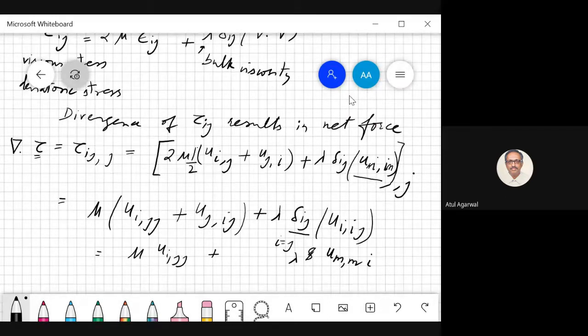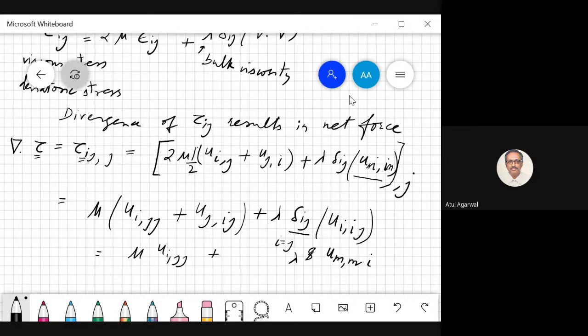Now j here has all values 1, 2, 3, but since it is delta ij, there is an index i. It represents force balance, the force component in i direction. J comma j is a dummy because it is repeating. So net force in i direction is given by tau ij comma j.